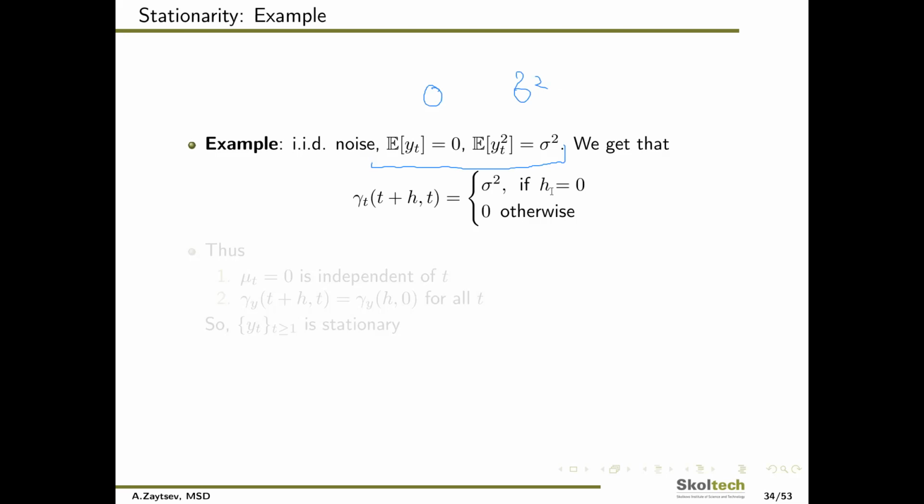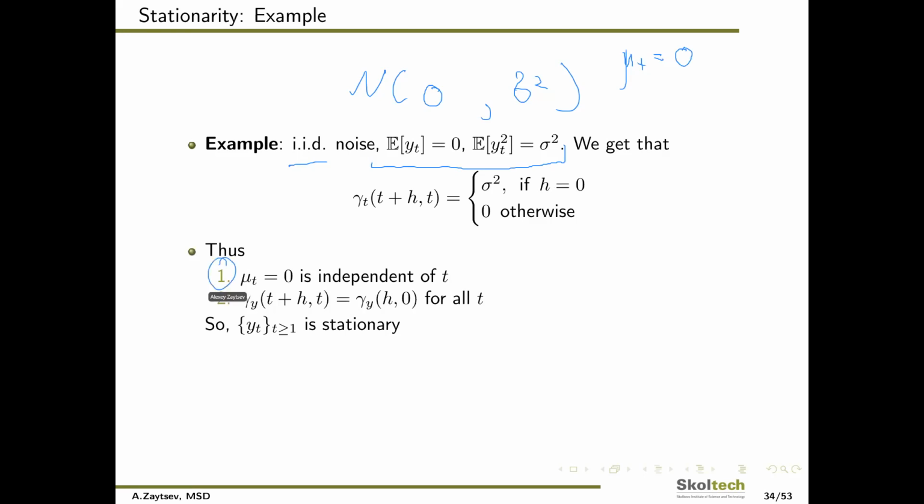Okay, make the additional assumption that the distribution is Gaussian, and we have white noise. We have no dependence on the time here. So mu t, which we're looking for, is 0. It's a constant, and we can meet the first assumption.